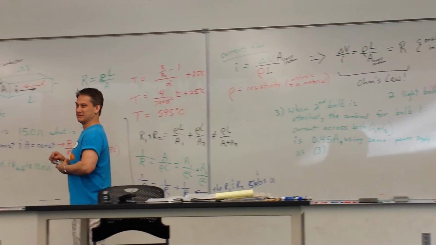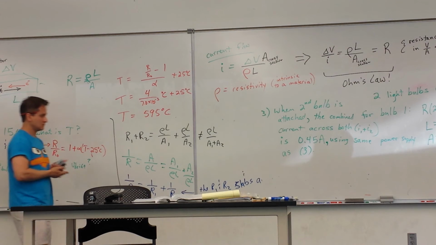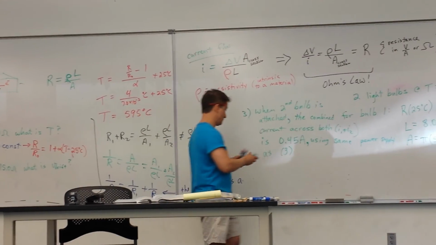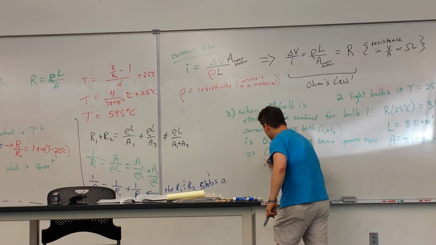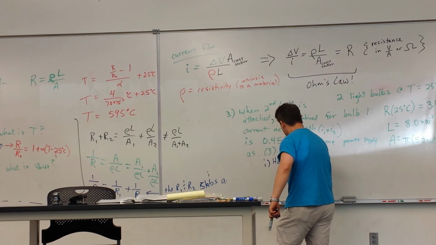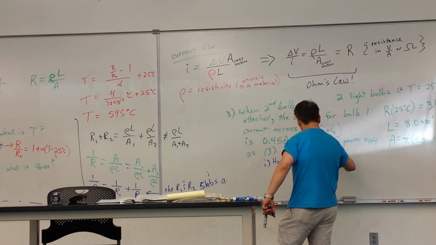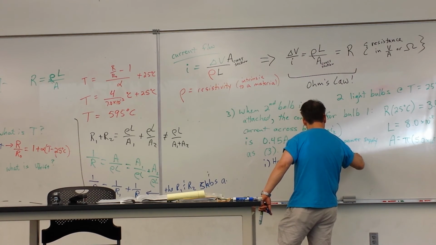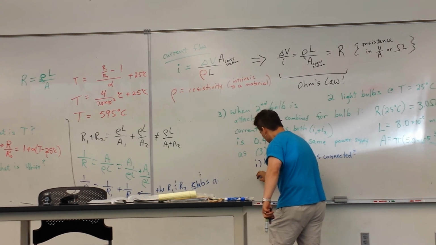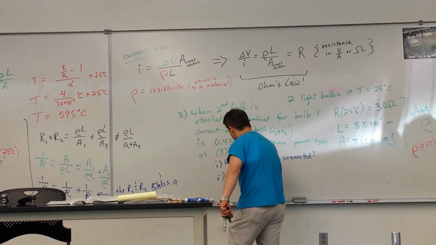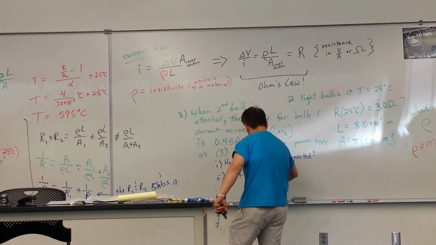How are the bulbs connected? What is the resistance of bulb 2?